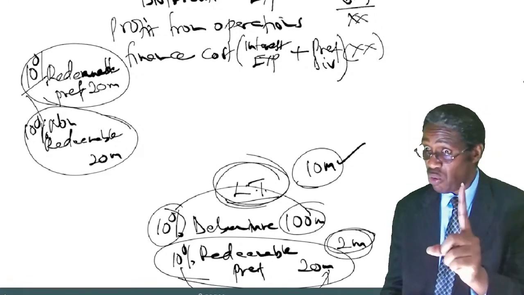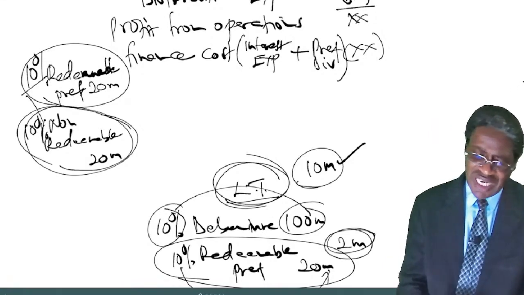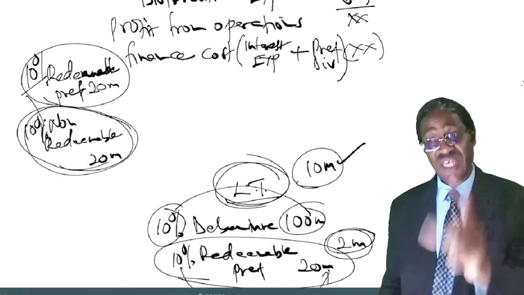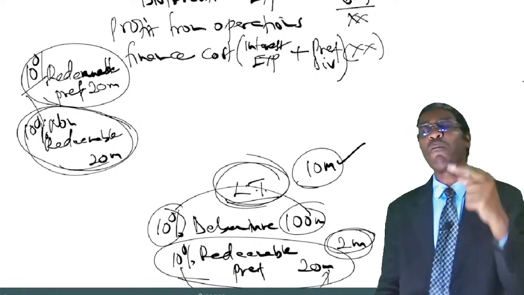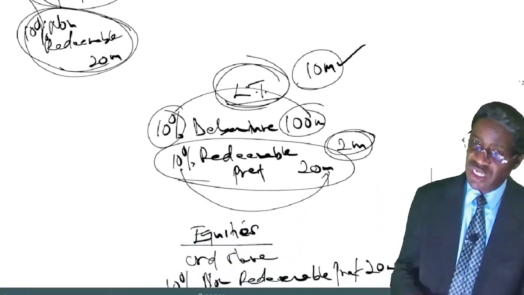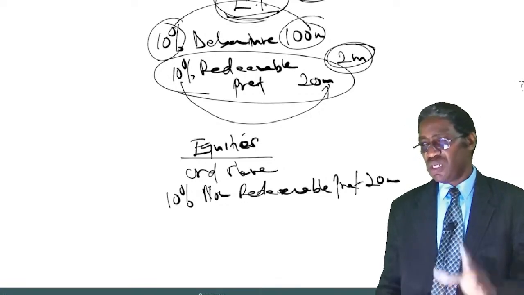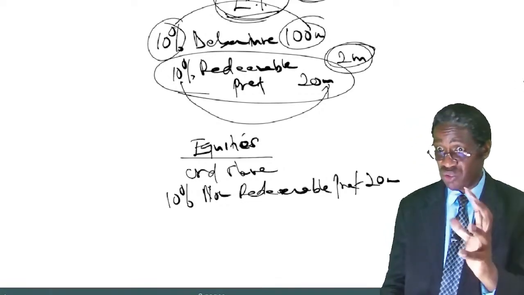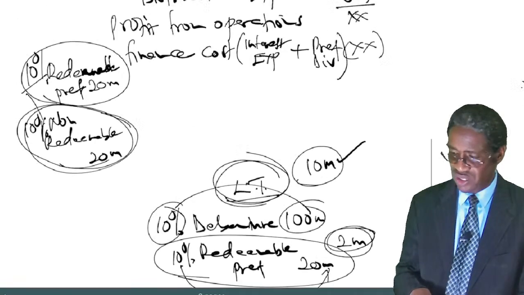Why? Because you must pay back. If it's a non-redeemable preference share, then it should be considered as a component of equity down there. I hope you have understood that point. Now we can continue.